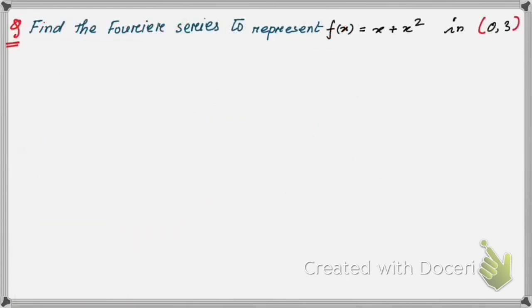So here you see, this is the function and this is the interval. Let me write the function first and the interval. So here is the solution. This is the function in this interval 0 to 3.